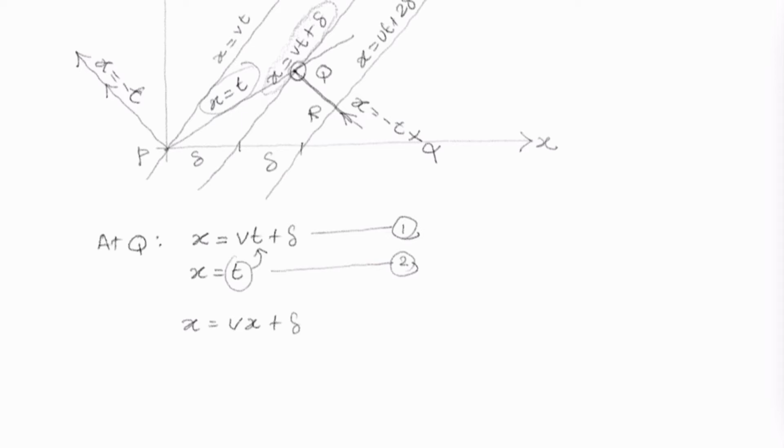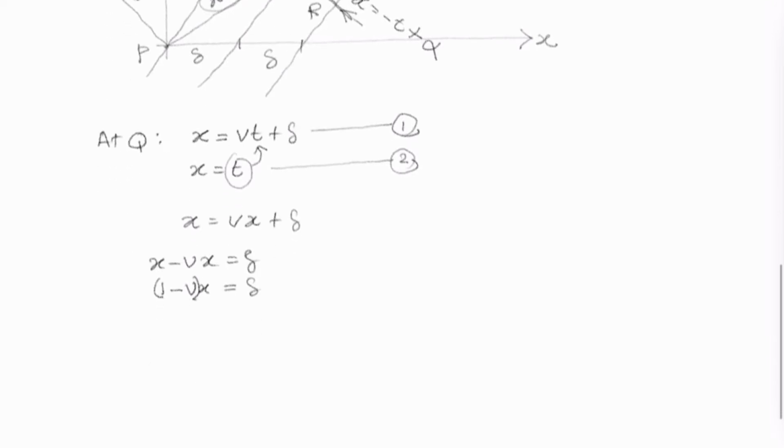Let's take x to one side: x minus vx equals delta, so 1 minus v times x equals delta. So x equals delta over 1 minus v. At Q, since x equals t, t is also equal to delta over 1 minus v.